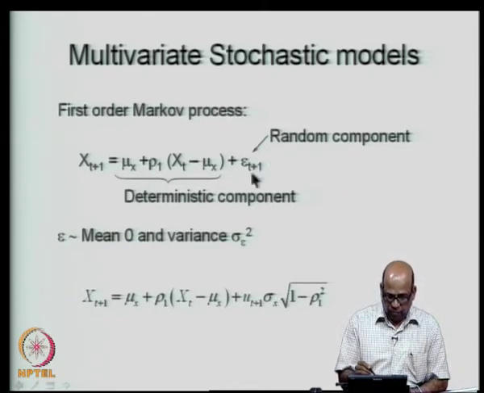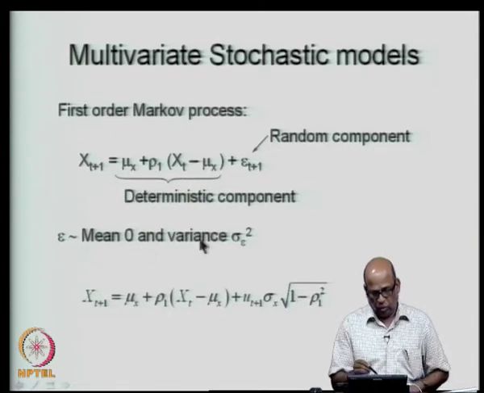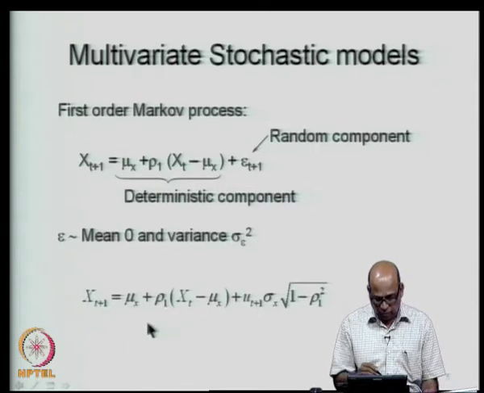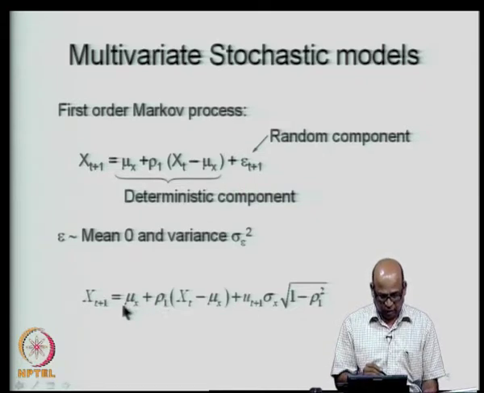So, you have a deterministic component and the random component. Now, when we used epsilon as mean 0 and variance sigma e square, we wrote the problem in this fashion, that is x t plus 1 is equal to mu x, which is the mean of the random variable x.